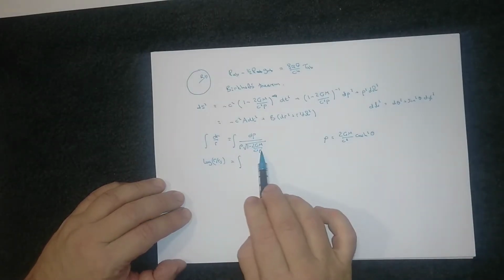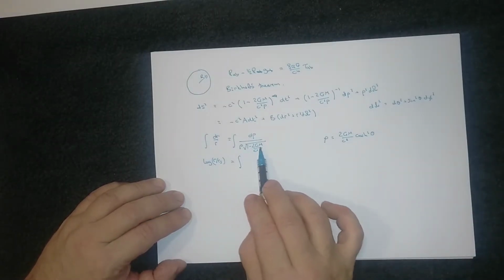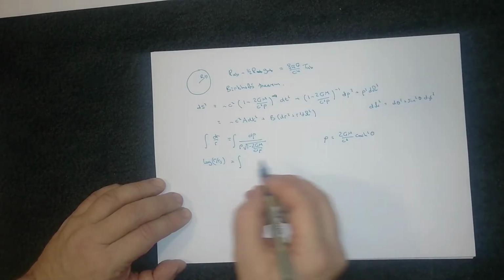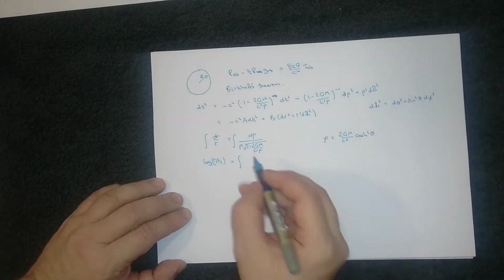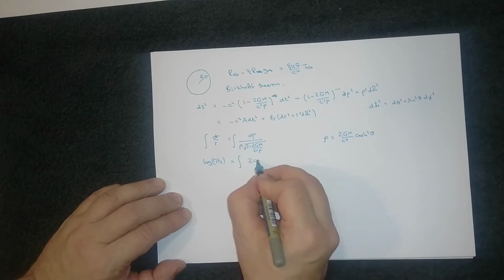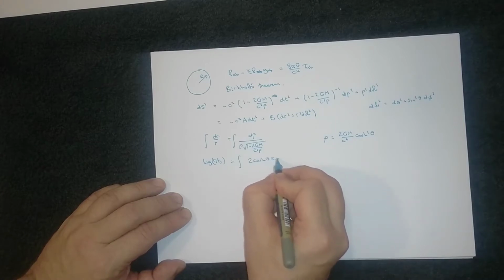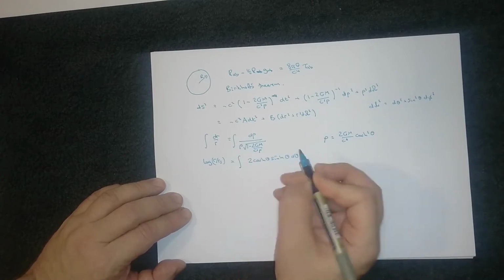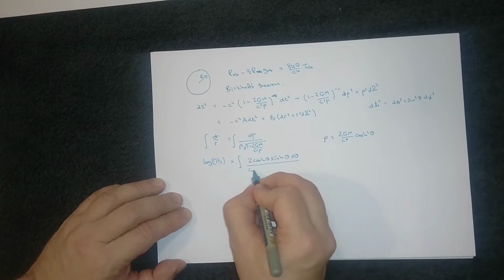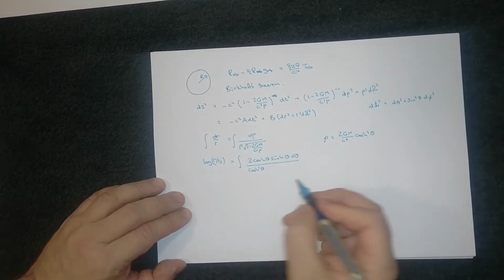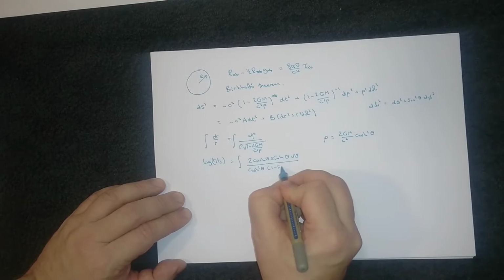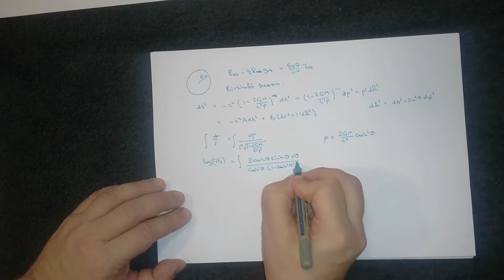So this term becomes sec squared and we have root of 1 minus sec squared. d rho over rho, we don't care about the constant, is 2 cos theta sin theta d theta divided by cos squared theta.